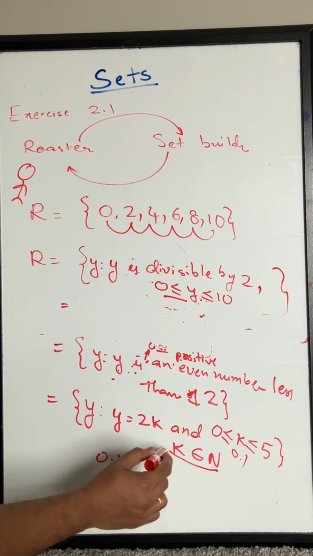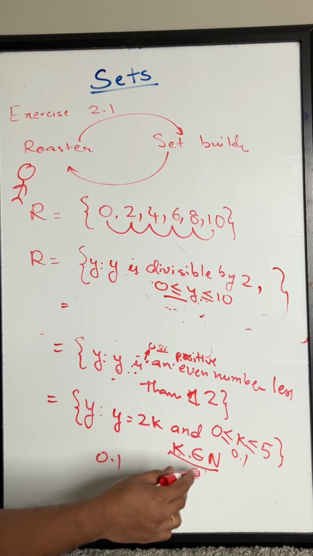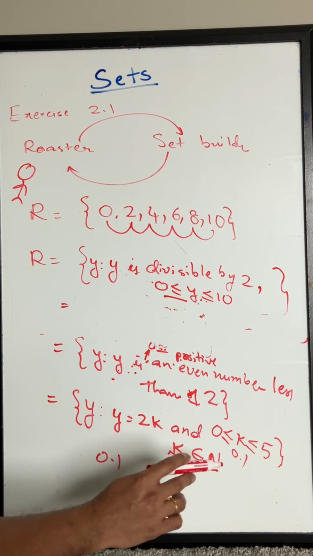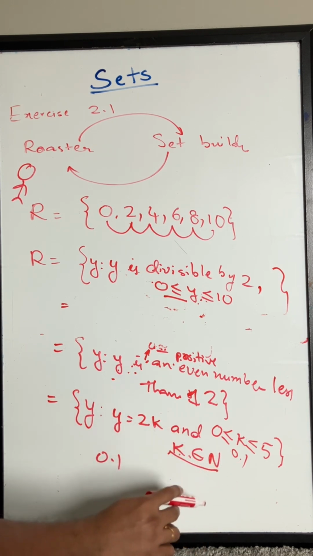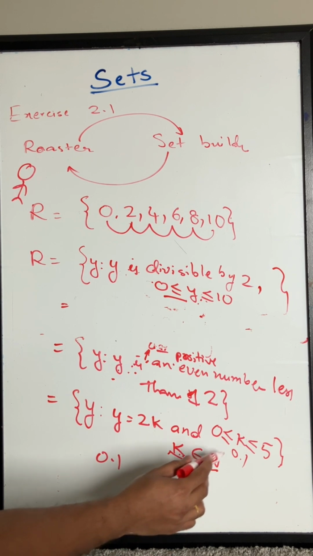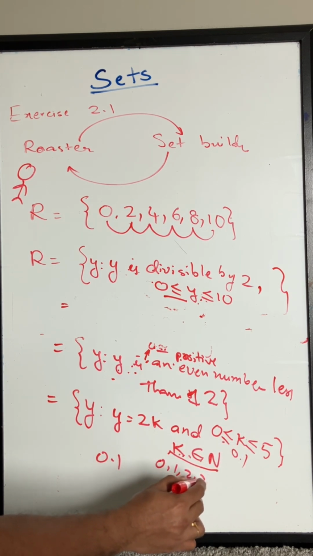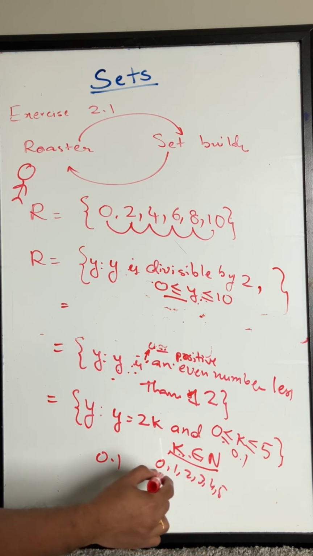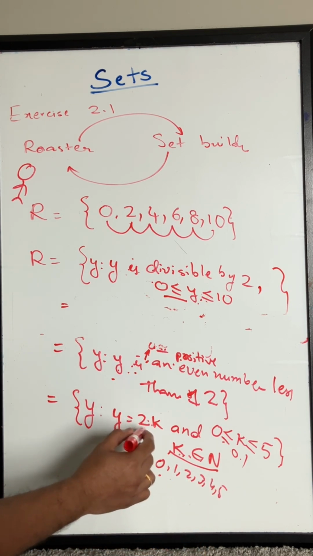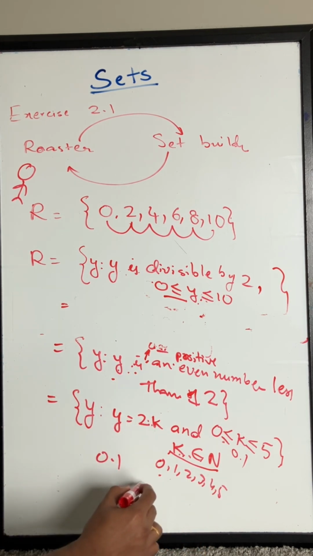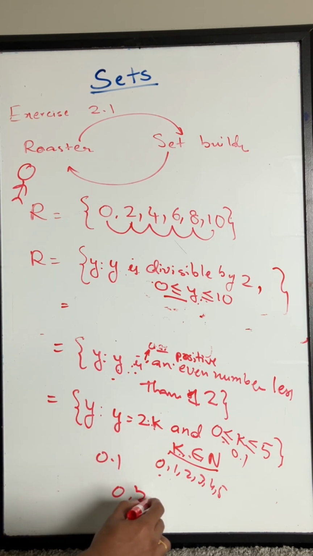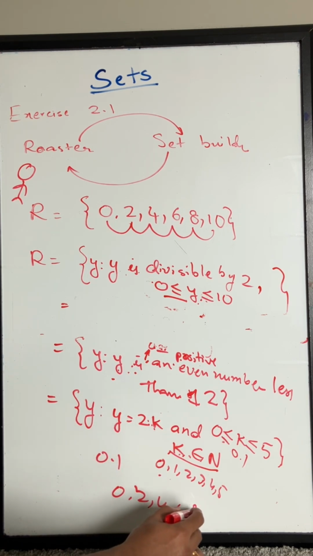To avoid that, I need to add one more statement, k belongs to N. In N, there are no fractions, all integers only. So when k belongs to N and k less than or equal to 5, only 0, 1, 2, 3, 4, 5 will come. If I put k equal to 0, it becomes 0. Y equal to 2k gives 2, 4, 6, 8, 10.